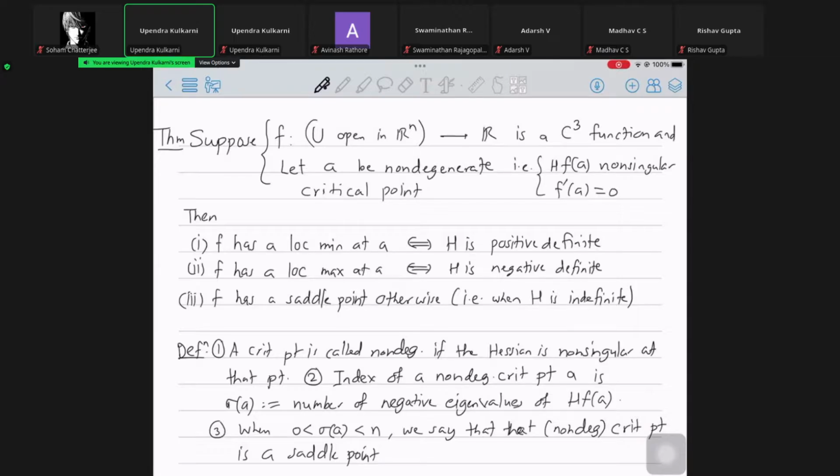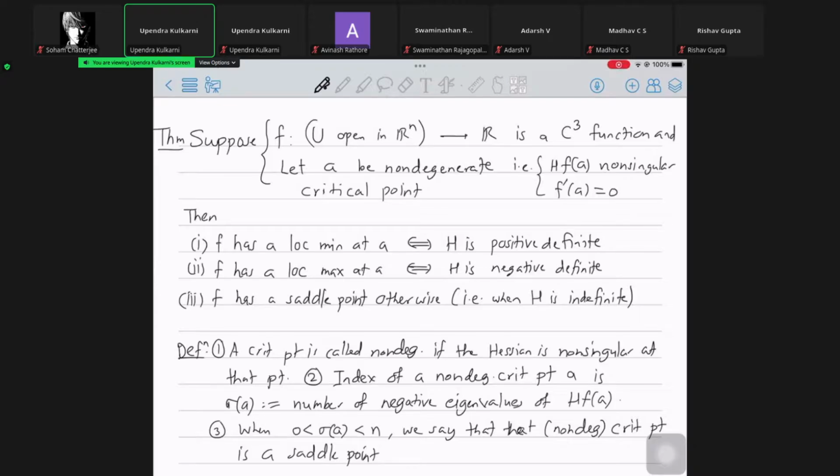So we assume that, but if we assume that the Hessian is non-singular, then the second derivative can allow me to classify the critical point. So what is the upshot?